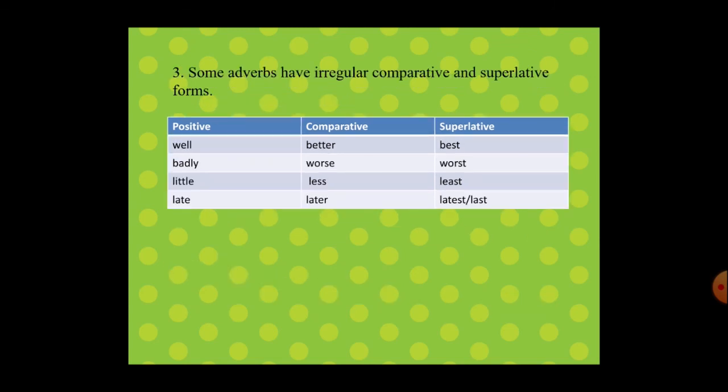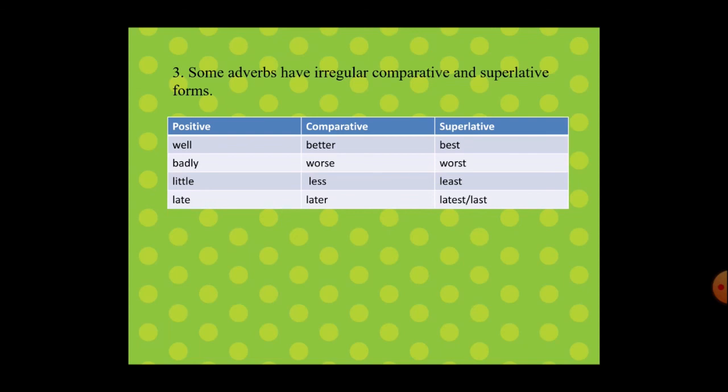Number 3. Some adverbs have irregular comparative and superlative forms, meaning they change their form completely. As you can see in the table below: well, better, and best. Badly, worse, worst. Little, less, least.